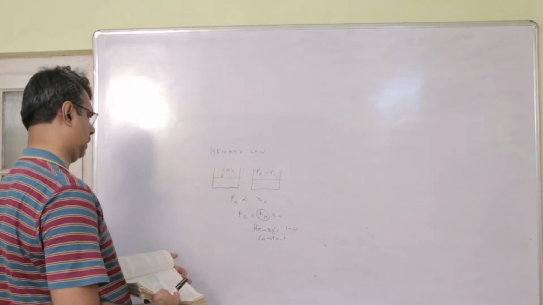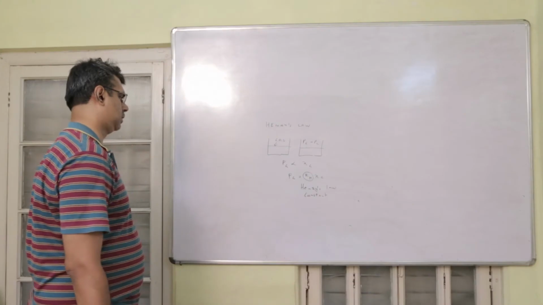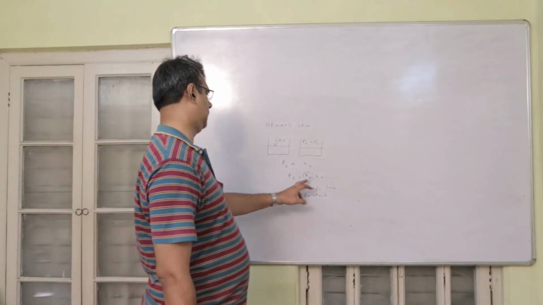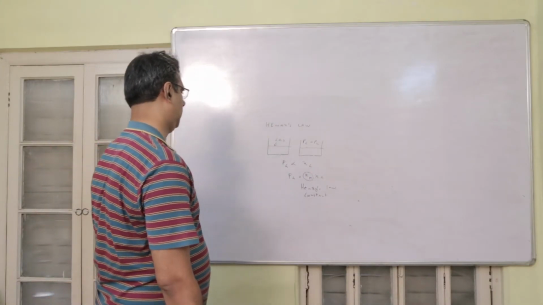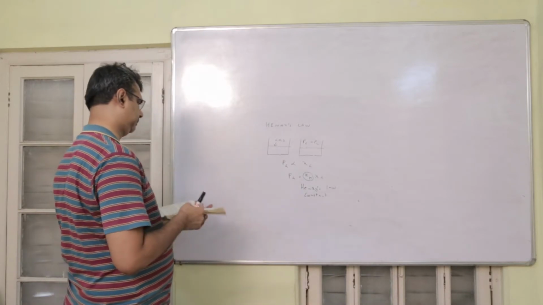The constant of proportionality is Kh, which is called Henry's law constant.